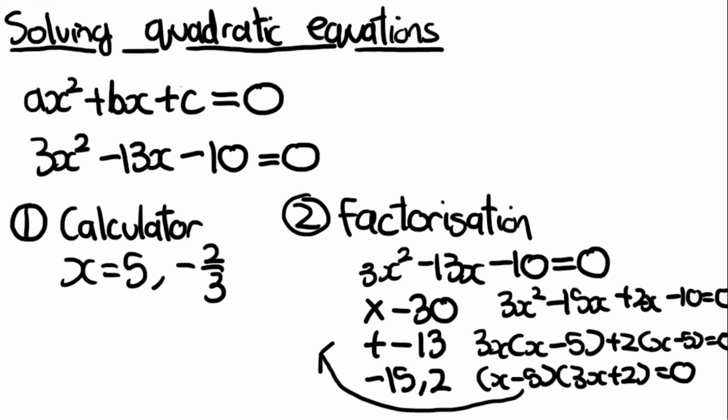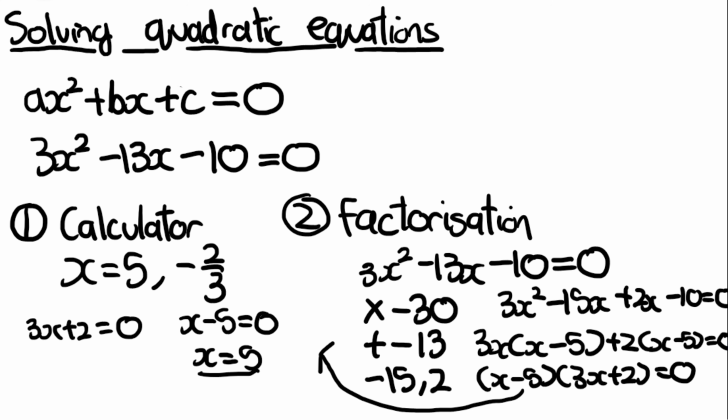So if x minus 5 was equal to 0, x would equal 5. And if 3x plus 2 was equal to 0, then 3x would be equal to minus 2. That means x would be equal to minus 2 over 3. So those are your 2 solutions.